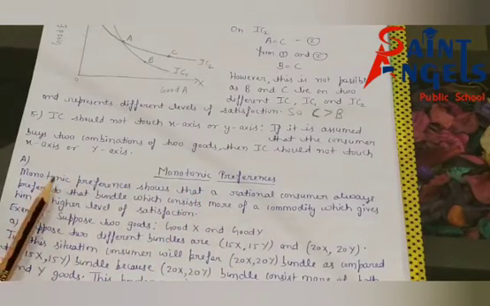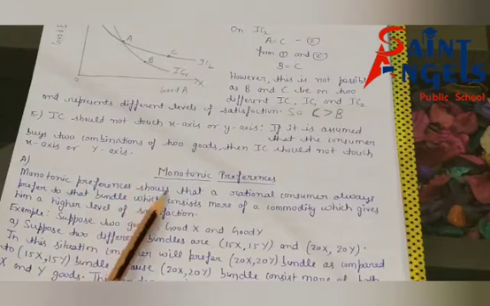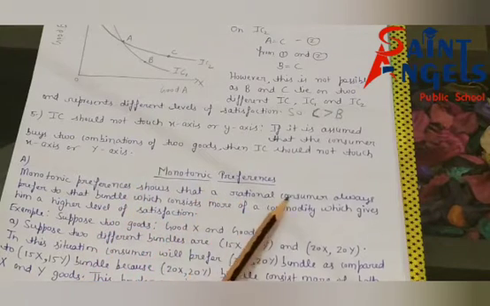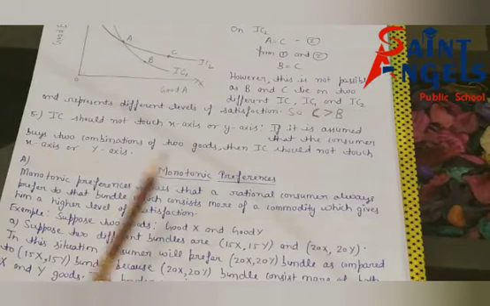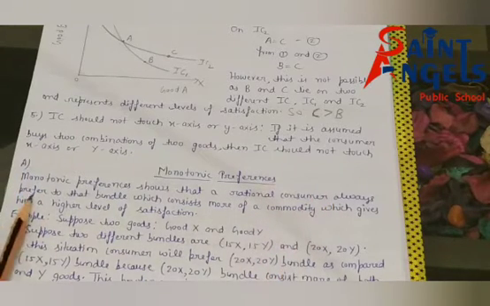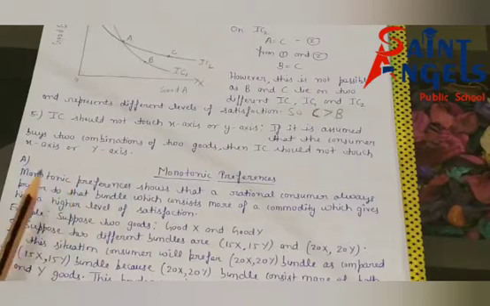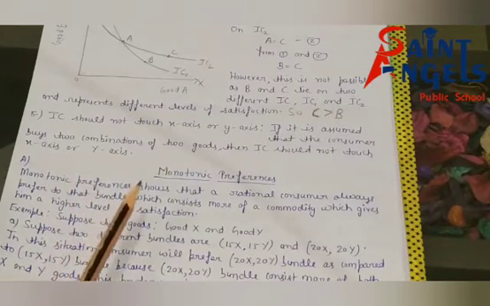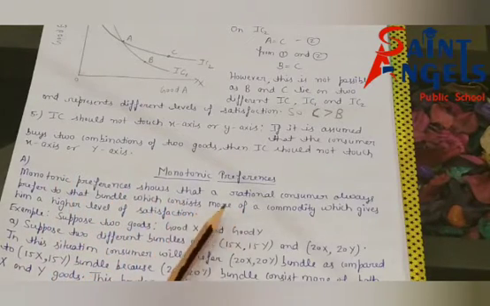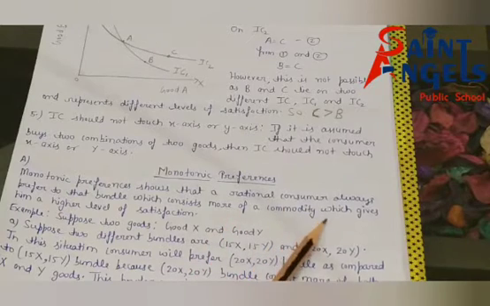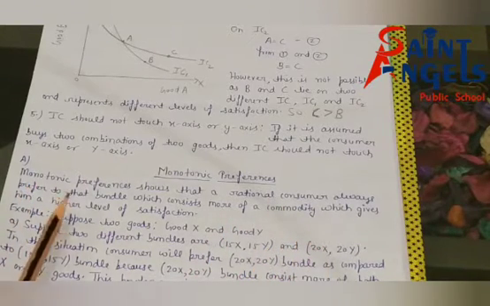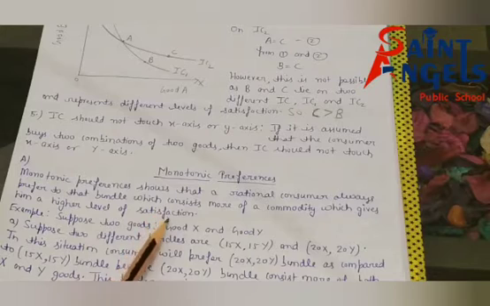Again I am repeating, monotonic preferences shows that a rational consumer always prefers that bundle which consists more of a commodity which gives him a higher level of satisfaction.